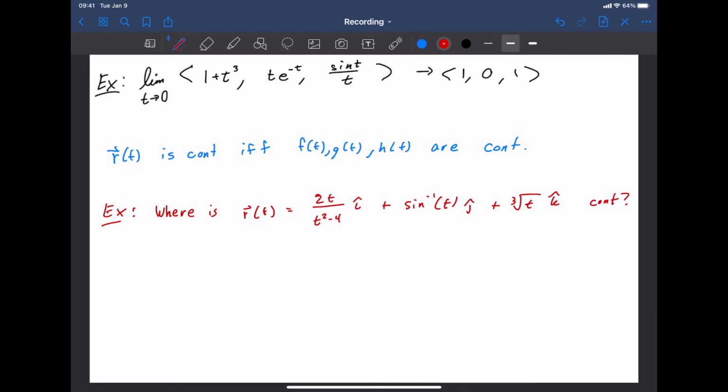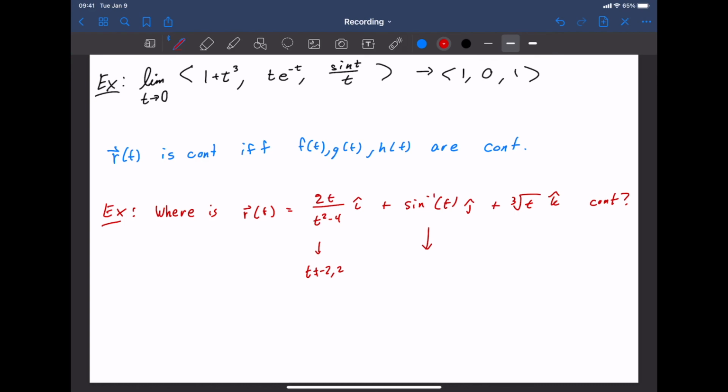So where is this continuous? You would start, just like we did in Calc 1, by finding the domain. Let's talk about the domain of each of these functions. You should try that out right now. So this guy, his domain would be t cannot be 2 or negative 2. Arc sine, this might be a little tricky for you.